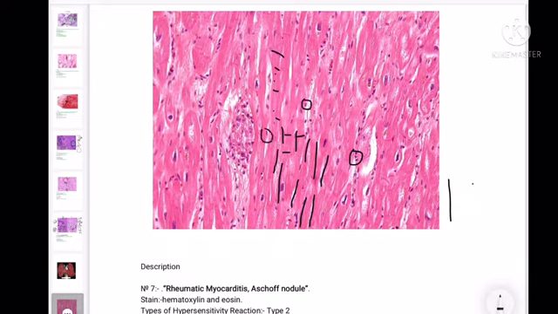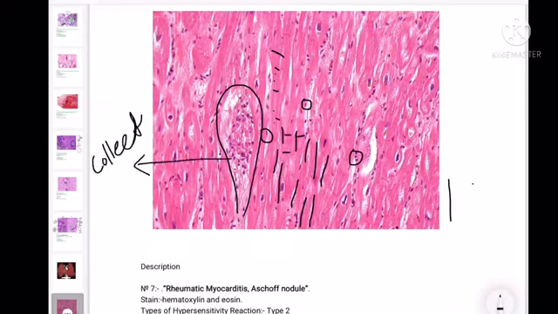These are the nuclei. And what is this? A collection of inflammatory cells, or the immune cells. So this is myocarditis.